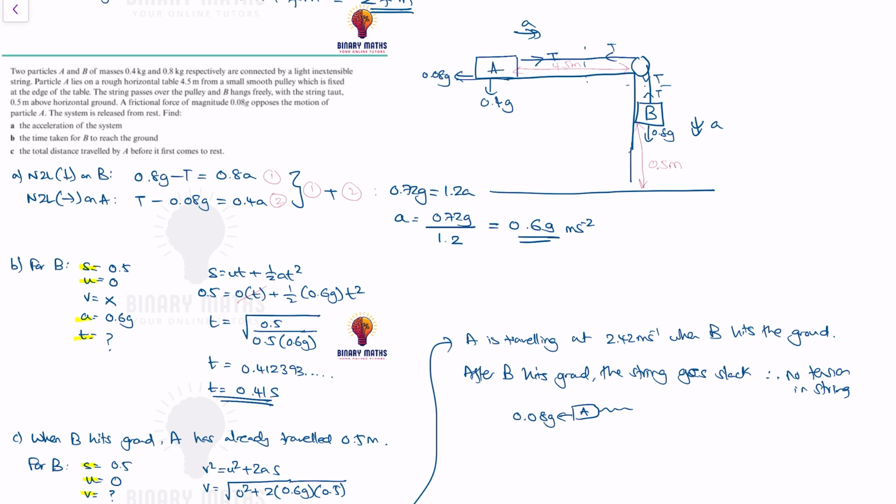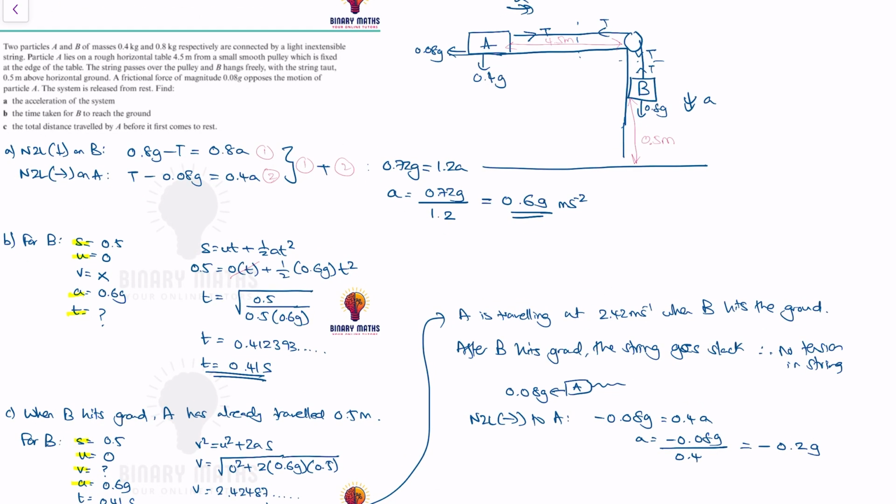If I apply Newton's second law horizontally to A, then negative 0.08g, because there is no tension on the string as it's gone slack, will be equal to mass, 0.4, times acceleration. So acceleration has changed because B has hit the ground. It's going to be negative 0.08g divided by 0.4, which works out to be negative 0.2g. So this is the new acceleration.